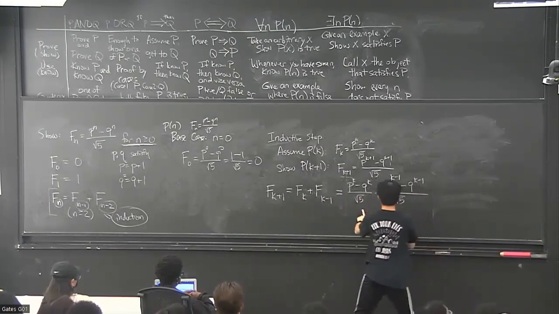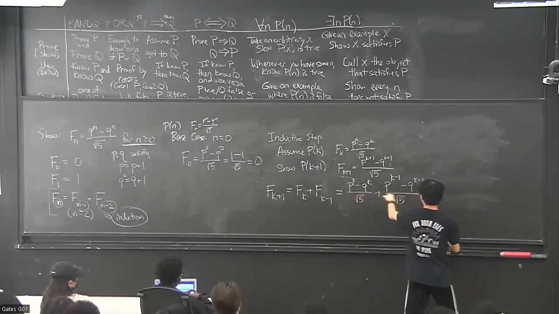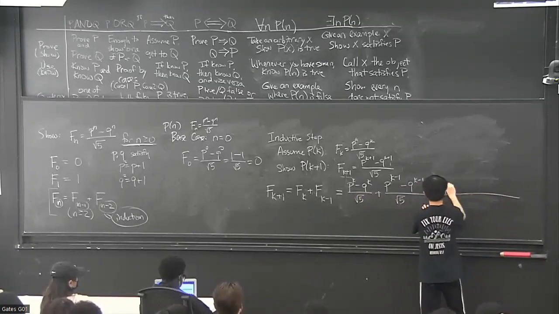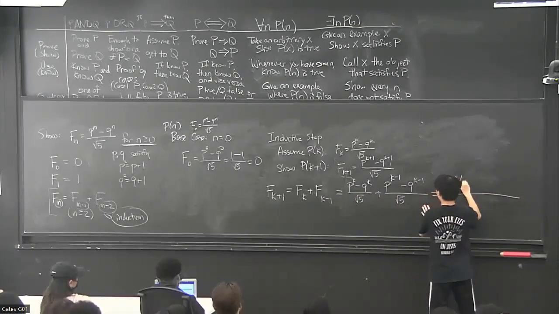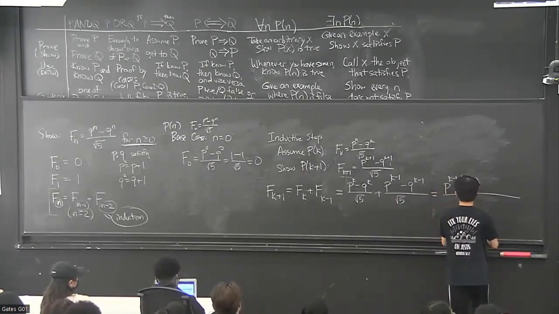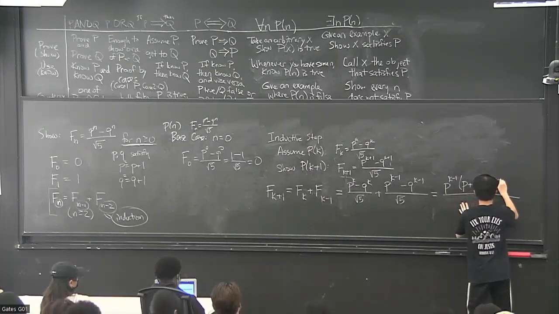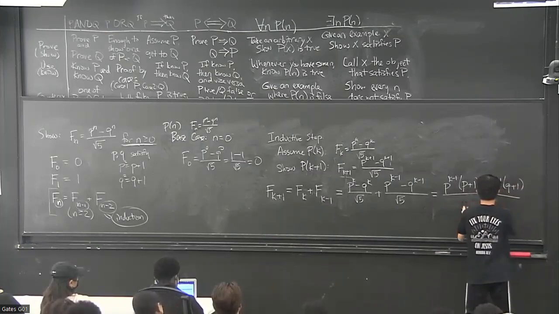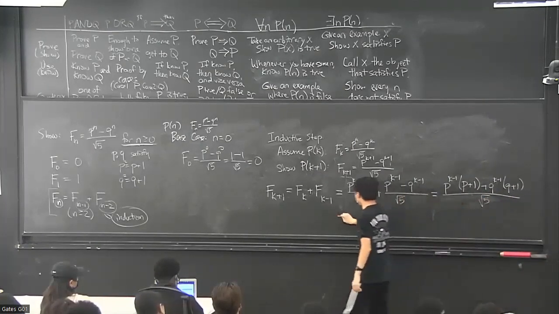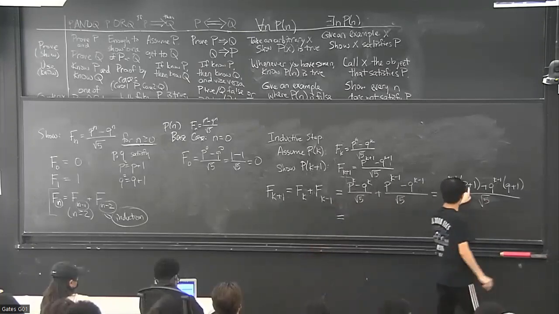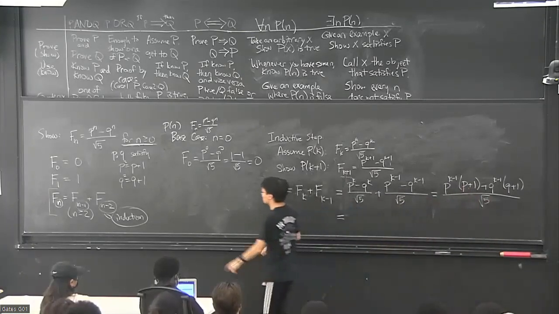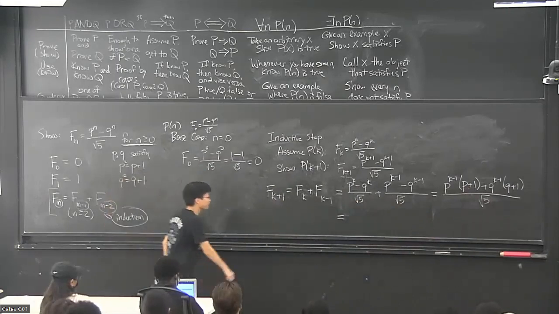What I can also do now is factor out p to the k minus 1, p plus 1, plus q to the k minus 1, q plus 1, over square root 5. What is this equal to? This p plus 1, remember, p plus 1 is equal to p squared.